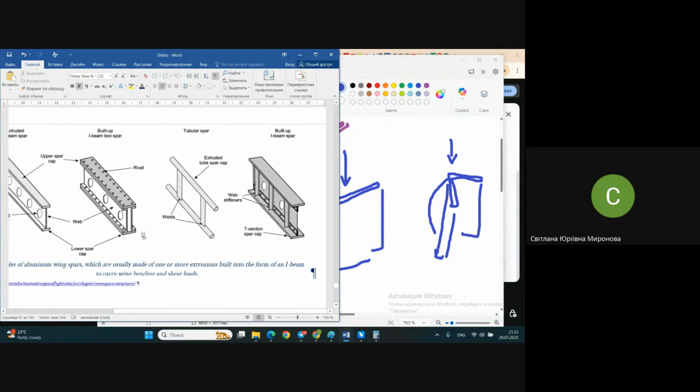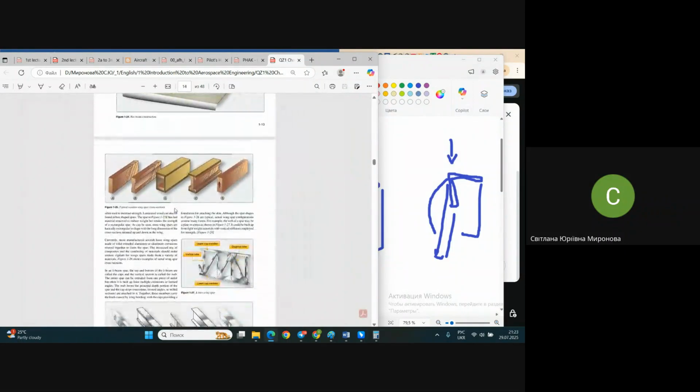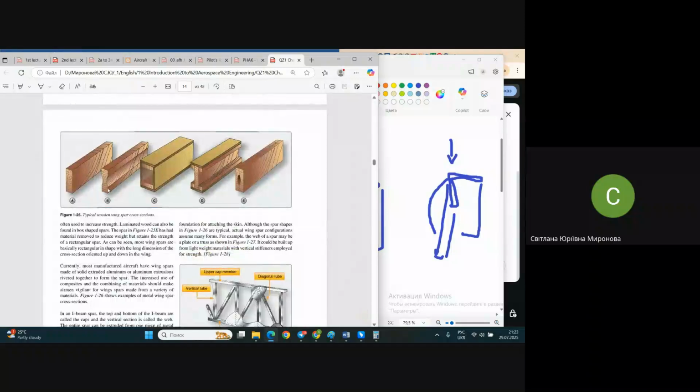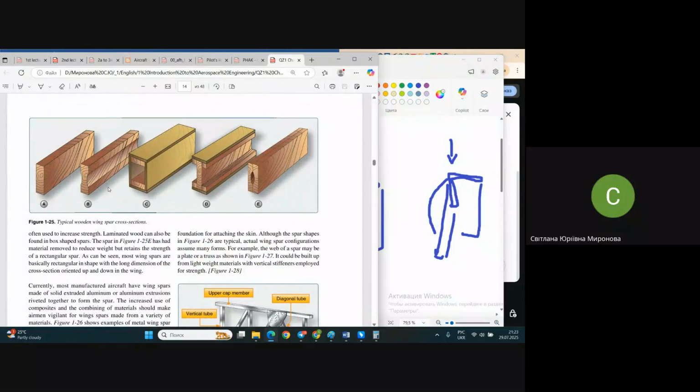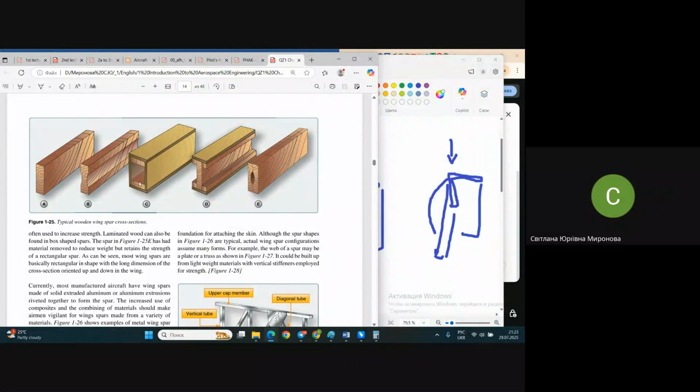Once again, let's come back and finish at last this portion of our class. You see here historically developed shapes of spars, and as I already said, with the same area of cross section, this one, box-like, or this one is more effective than a simple rectangular one.